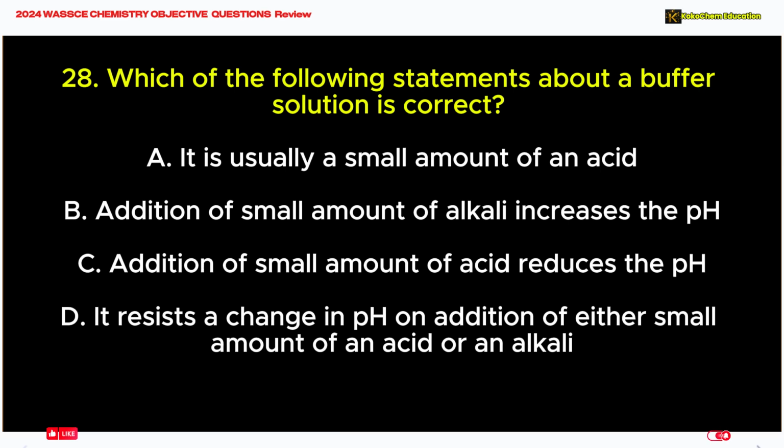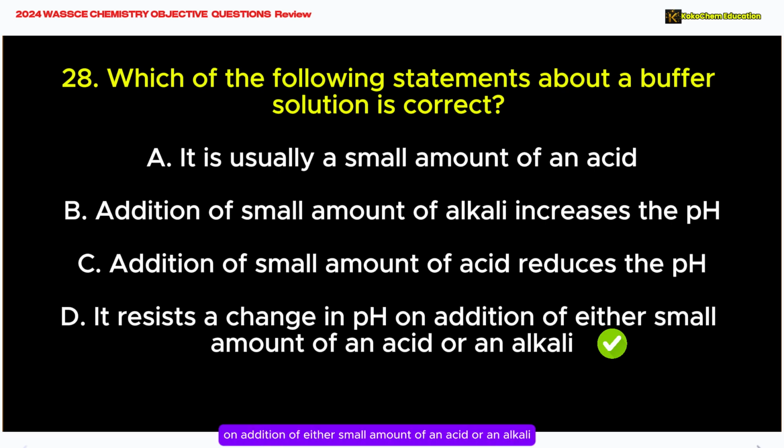D. It resists a change in pH on addition of either small amount of an acid or an alkali. The correct answer is D. It resists a change in pH on addition of either small amount of an acid or an alkali. Explanation: a buffer solution maintains a relatively constant pH even when small amounts of acid or base are added.